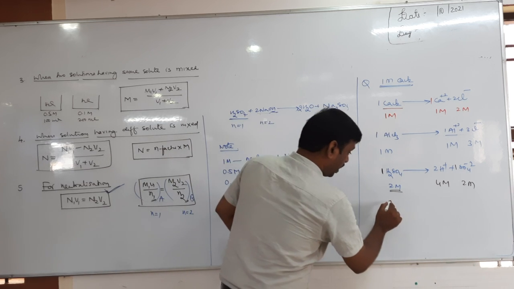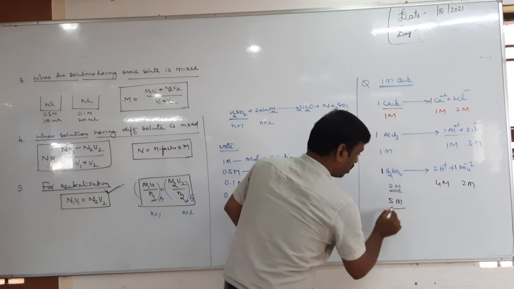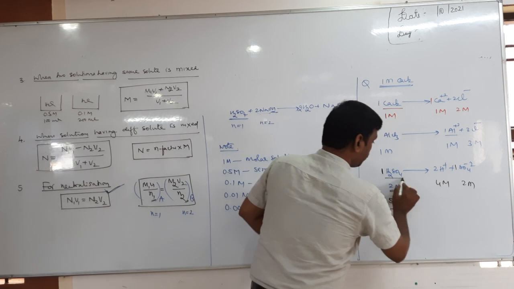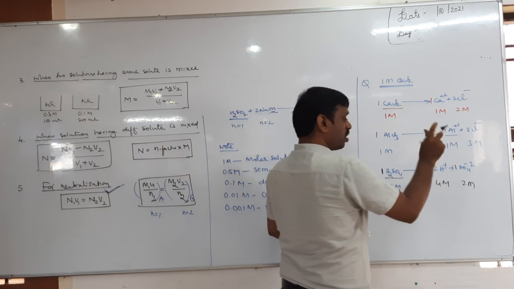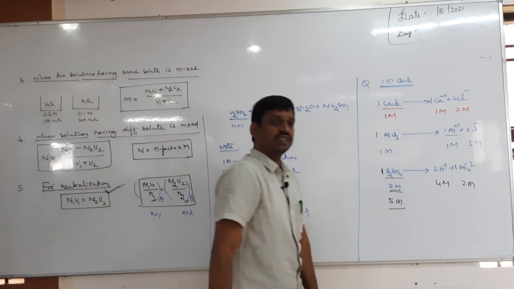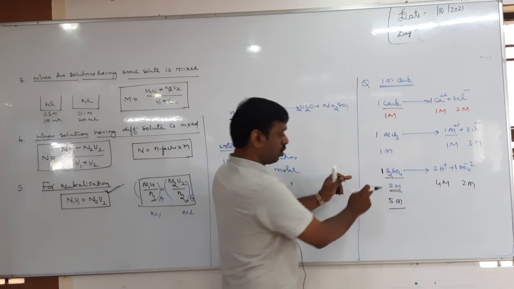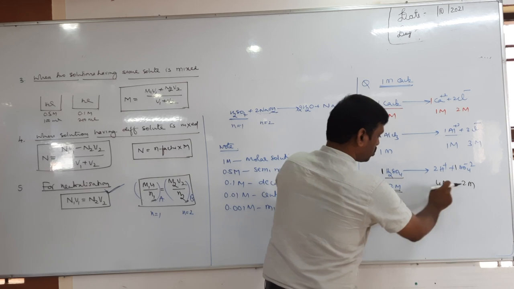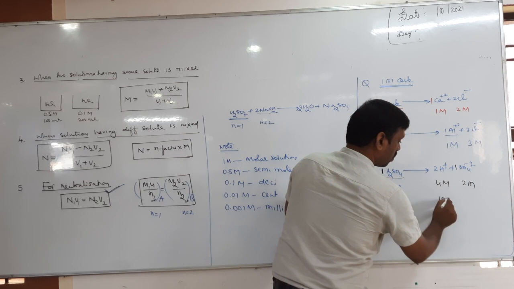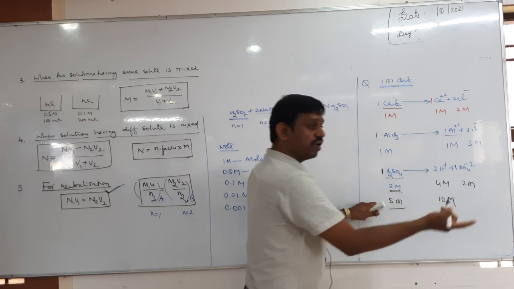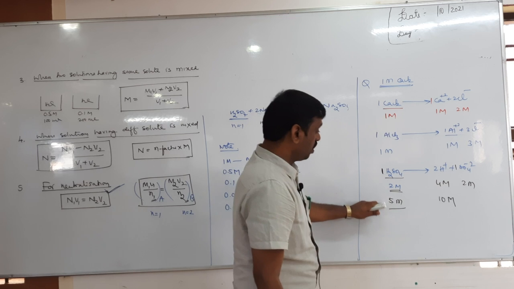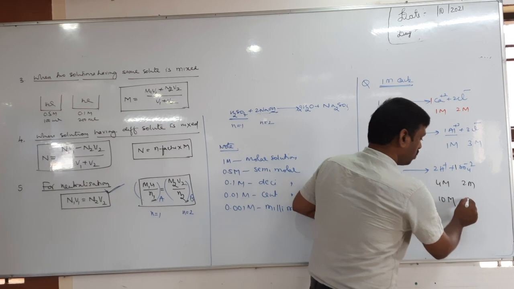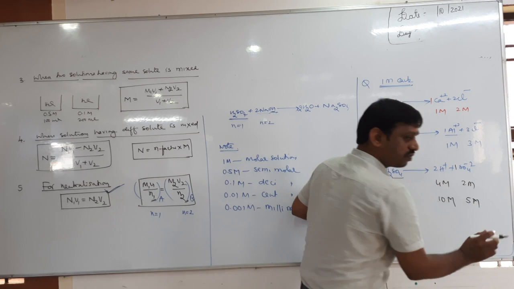Suppose you take 5 molar sulfuric acid, capital M, how many molar H plus ion and how many molar sulfate ion does it give? 1 mole gives 2 mole, so 5 mole gives double, 10 mole. Next, 1 mole gives 1 mole, 5 mole gives 5 mole, which means 5 molar.